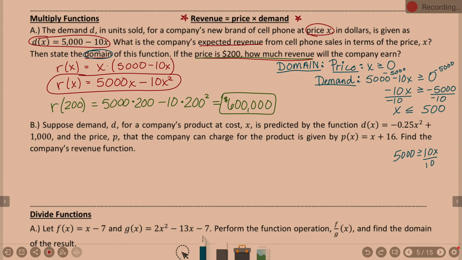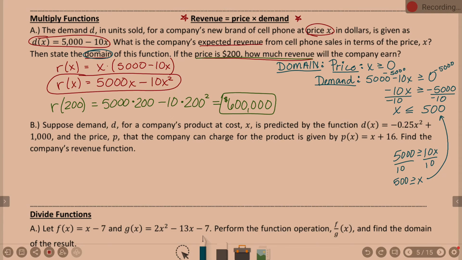You divide by 10, you have 500 greater than or equal to x, but guess what? When you flip that around, you have this right here, don't you? Okay? So I wanted to mention, don't forget, when you divide by a negative, you have to reverse the sign. If you set up so you didn't have a negative, that's fine. Just flip your answer now.